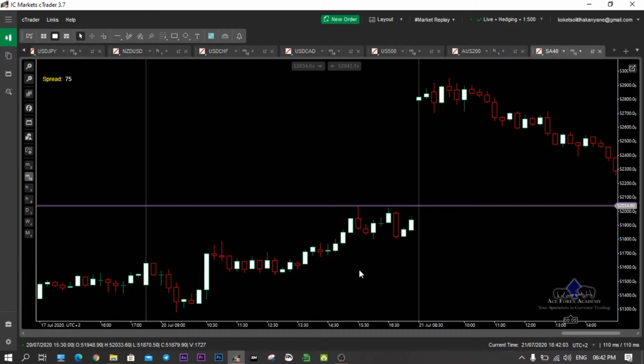How I will be doing that is by reviewing a day's worth of price information in the form of candlesticks, and highlighting the different trading opportunities that were presented to us and how we would have traded them in conjunction with the Ace Forex Academy specific candlestick momentum pullback trading strategy.